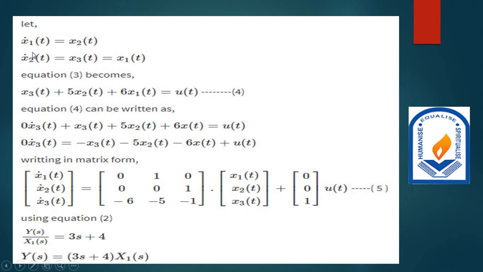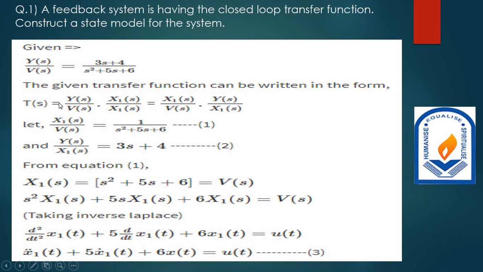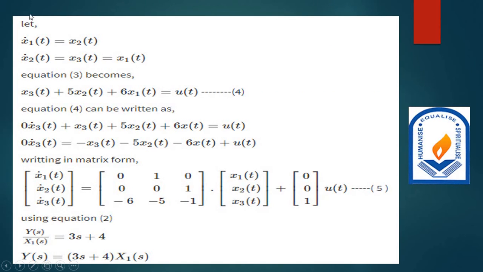Look once again, this is equation number 3. By substituting these values, you will get x3 of t plus 5 x2 of t plus 6 x1 of t equal to u of t. This is given as equation number 4.